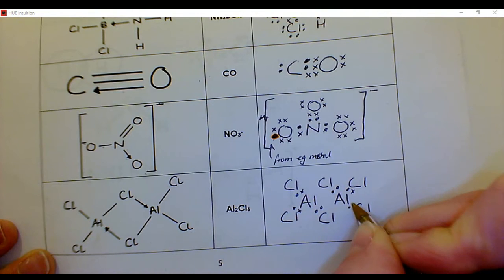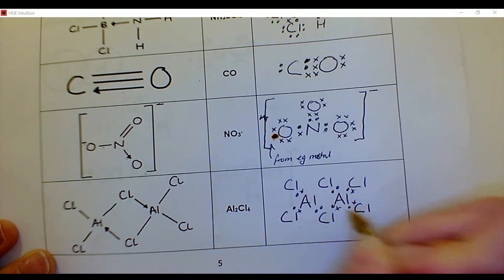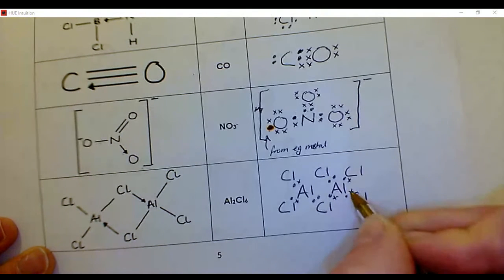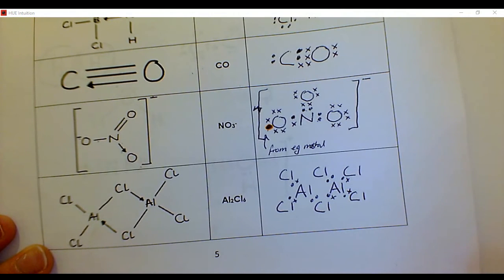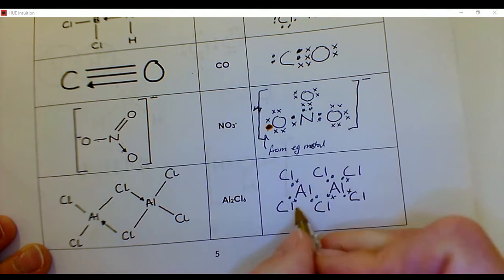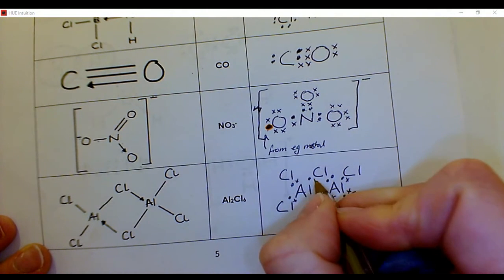So our X's are the aluminium electrons. Every aluminium has 3 electrons, so it can form 3 covalent bonds should it have circumstances to do that. And I'm missing this, it's also a regular covalent bond.